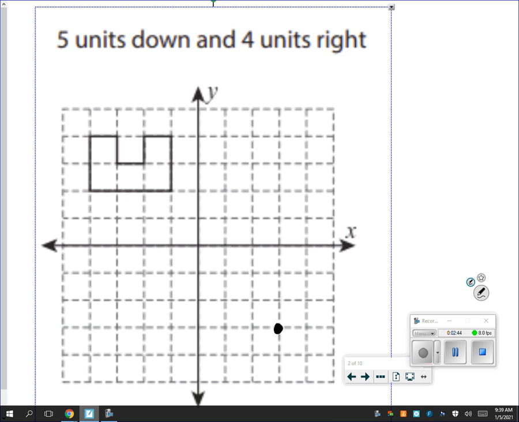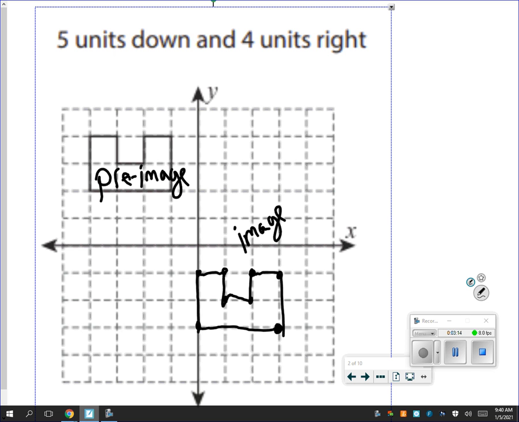And there comes my first point. Then I start moving my shape. All the points are traveling the exact same distance. What I should notice is my start image would be considered the pre-image. This would be considered the image.